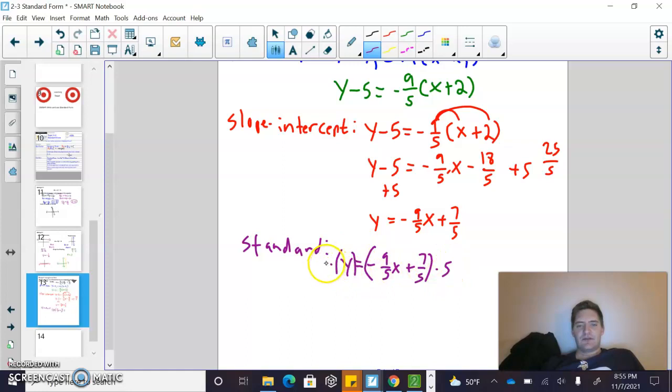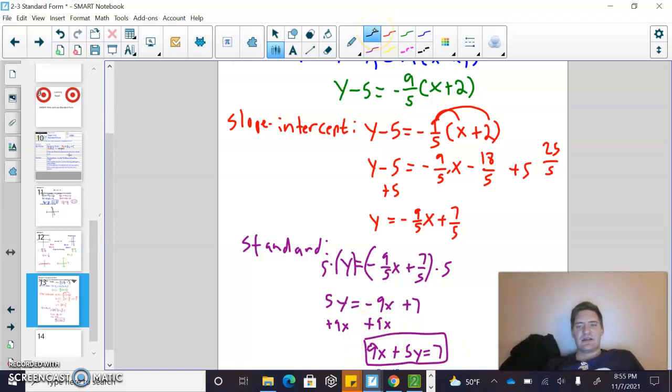And of course, whatever we do to one side, we have to do to the other. So 5y is equal to -9x plus 7. And then the only thing we have to do is just add 9x over. So now we have it in the form 9x plus 5y is equal to 7. So that is how this is written in standard form.